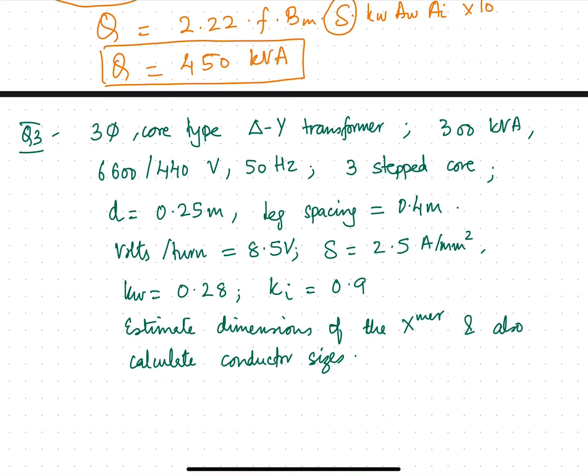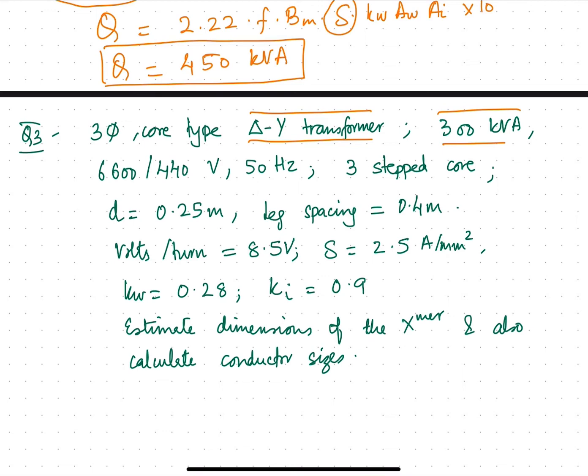And finally, we move to the last question for today. It's a fairly long question, so I want you to pay attention to this. You are given a three-phase core type delta to Y transformer. This has to be noted. It is rated at 300 kVA and the voltage ratings are 6600 to 440 volts.